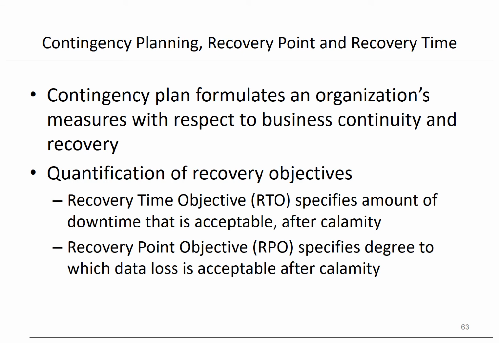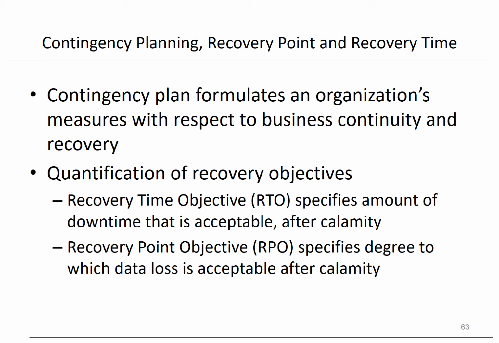An organization's measures with respect to business continuity and recovery from any calamities are formalized in a contingency plan. A primary element of such plan is the quantification of recovery objectives, considering an organization's strategic priorities.